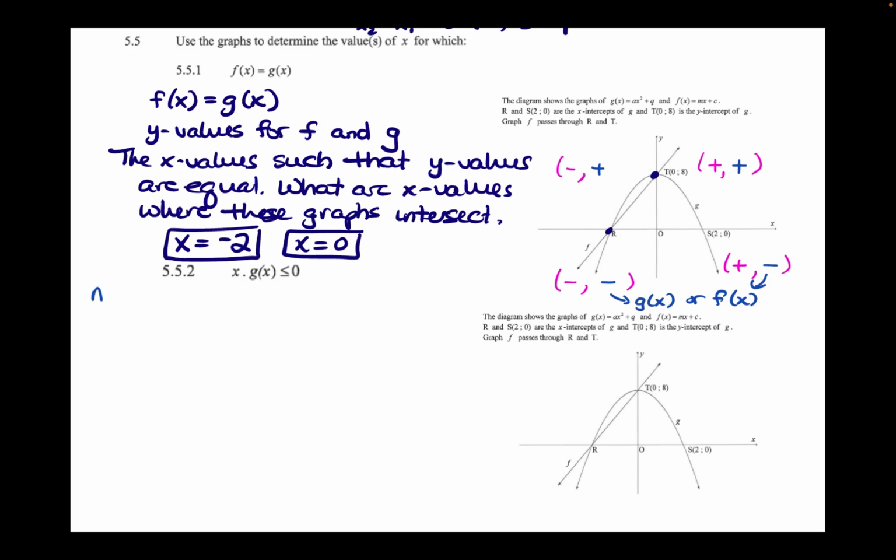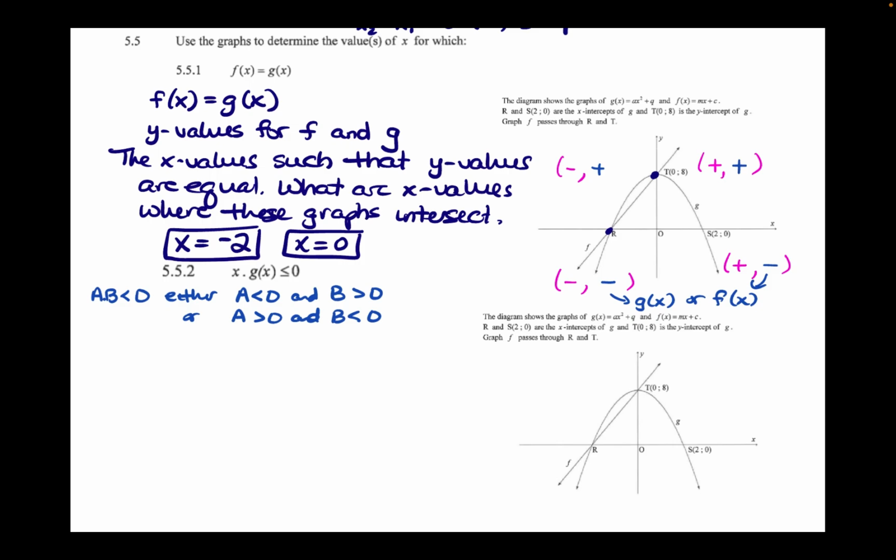Well, if two things are multiplied together and the result is less than 0, that means either the first one is less than 0 and the second one is greater than 0, or the first one is greater than 0 and the second one is less than 0, because in order to get a negative number, you multiply a positive times a negative.